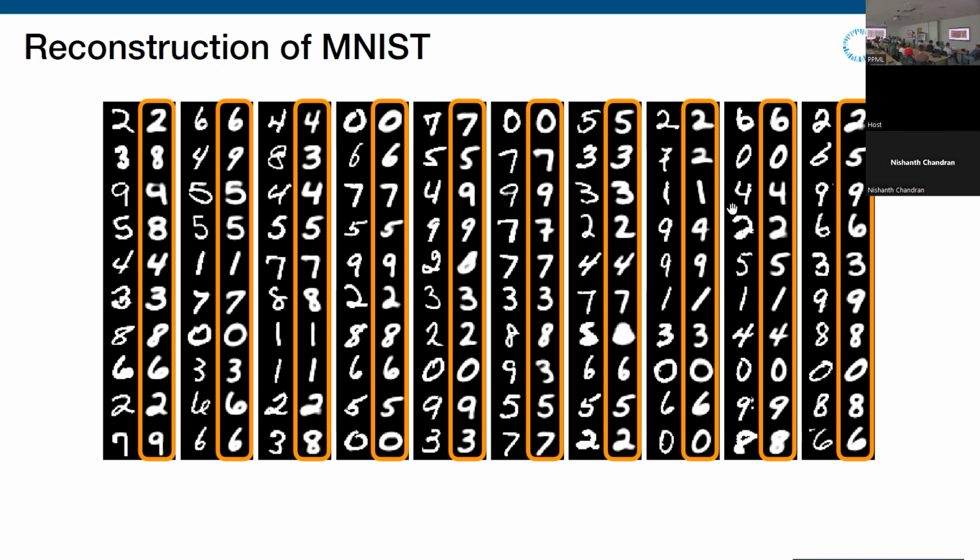For each cluster, I take the sample closest to the center as my reconstructed sample for that cluster. Then I have my 100 samples, and I have my original 100 samples. I use the Hungarian algorithm to match them for display, but the Hungarian algorithm here is only for display, not for other purposes.